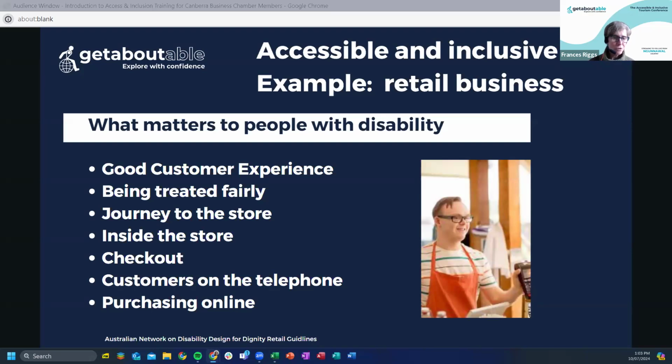And in relation to purchasing online, having that opportunity is universally beneficial, but for some people, it would be the only way that they could purchase if there is online availability rather than coming into the store.